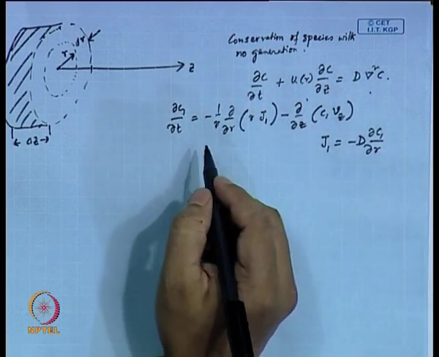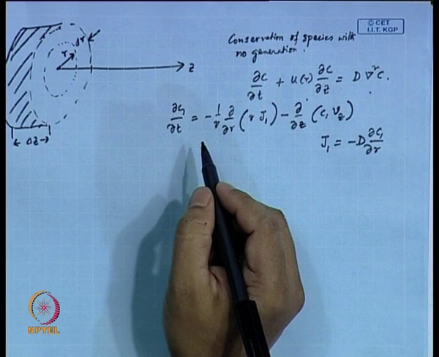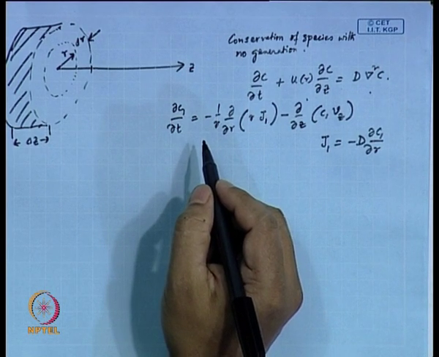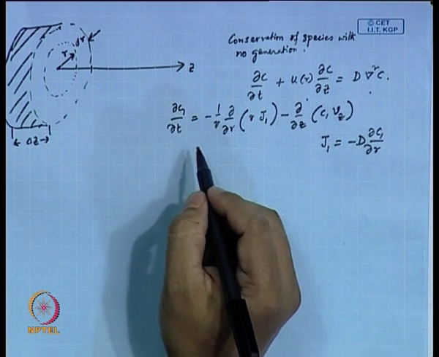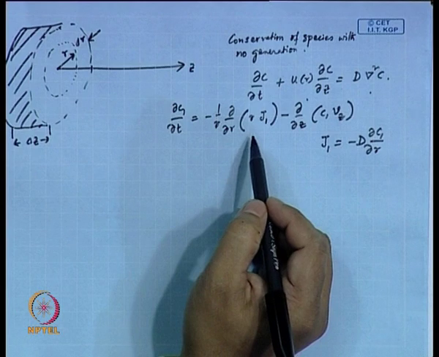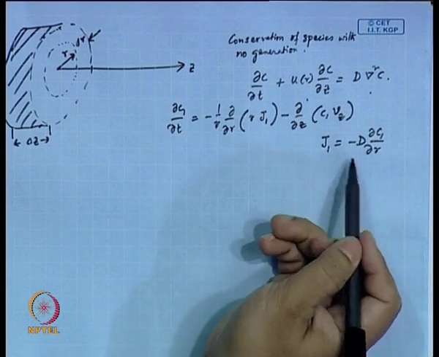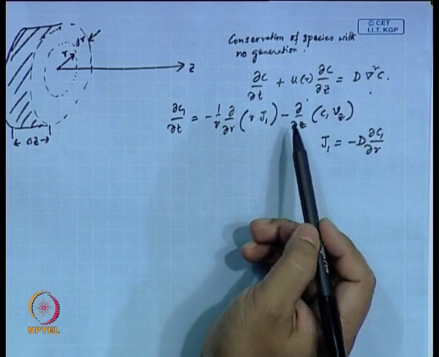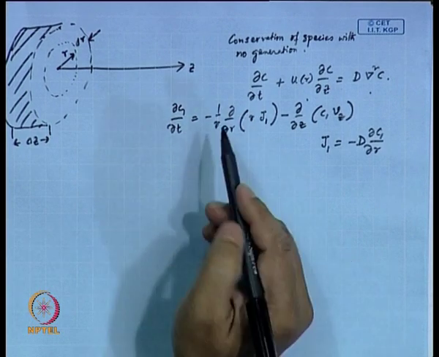C1 is the concentration of species 1. So, this is the accumulation term on the left hand side, this is the radial diffusion term where G1 is given here, and this is the axial convection term.